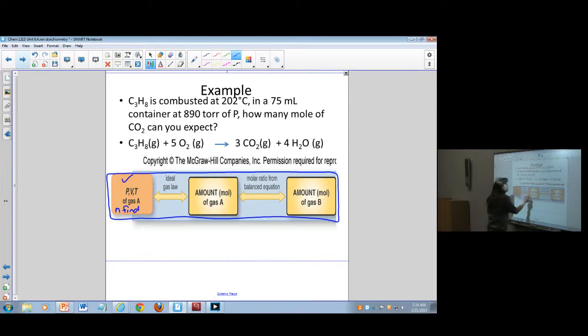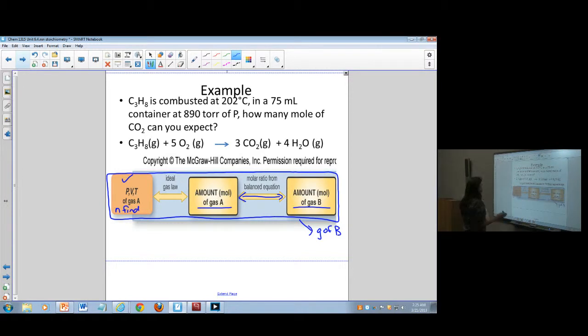Then we can use that amount of n for some gas, using our molar ratio from the balanced equation again, to find the moles of B. I could also ask you a further question, where I might ask you how many grams of B there are at the end of the reaction, or something like that. So this is still the same kind of scheme, only this time you have to calculate n somehow.